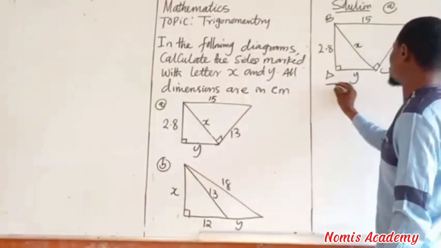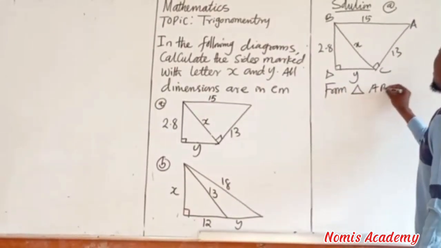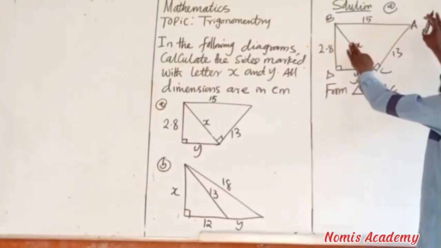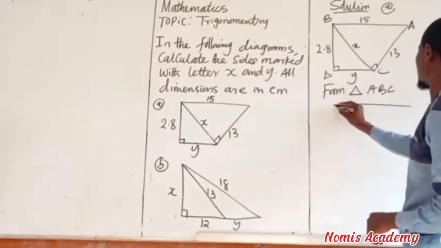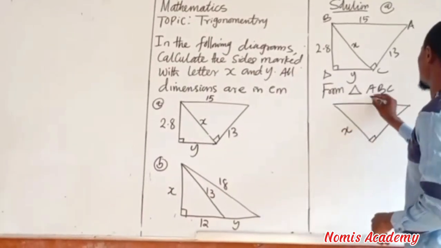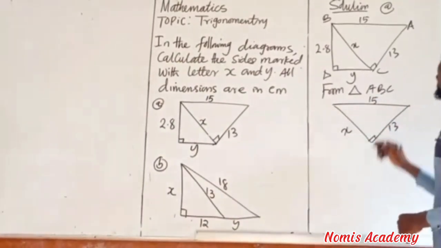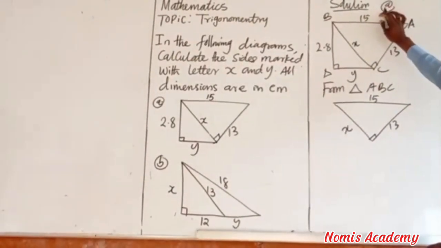Then I must say from triangle ABC, I will remove this one out. Then if I remove it out, I have something like this. Here is my X, here is 15, here is 13. And look at it, this side, whose face is now our hypotenuse, which means this is our hypotenuse.